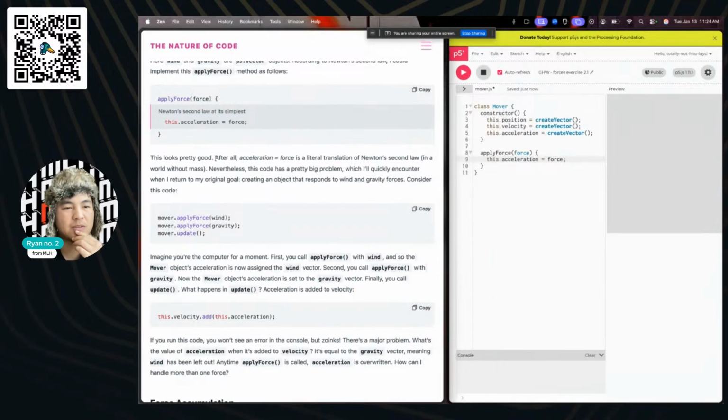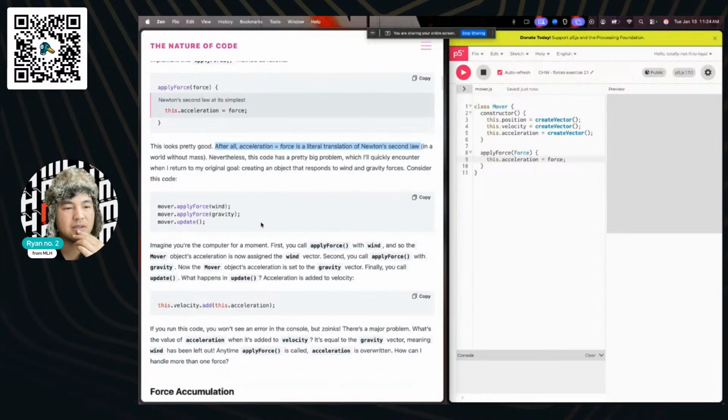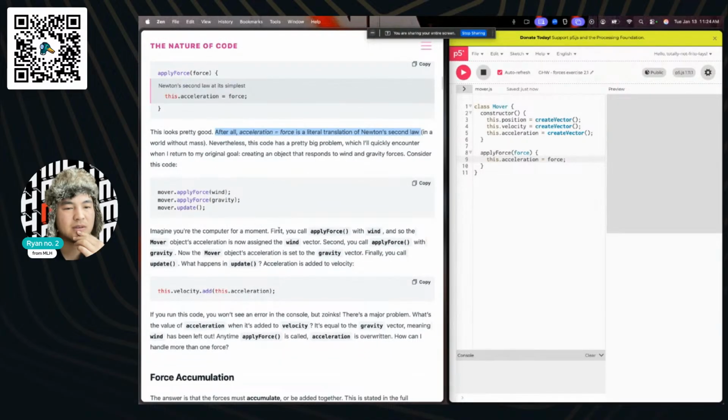Okay, this makes sense if we are just looking at Newton's second law. However, this is a big problem because when we call something with wind and gravity, the object's acceleration is now assigned to the wind vector, and then when we try to apply a different force, it is now assigned to the gravity vector.